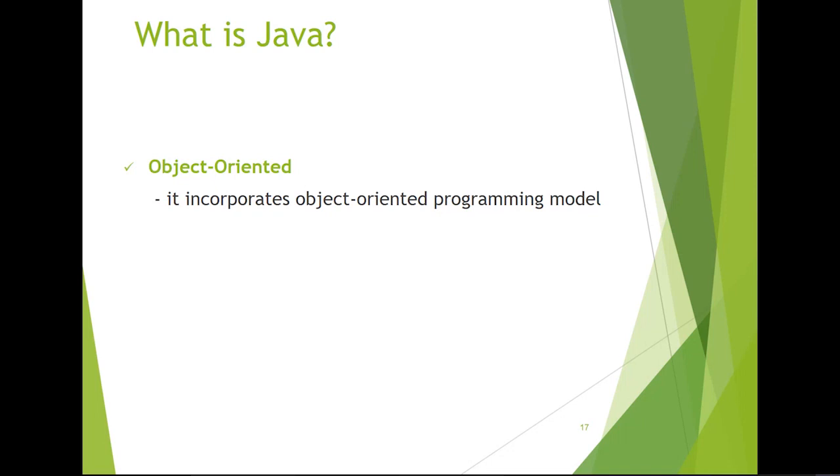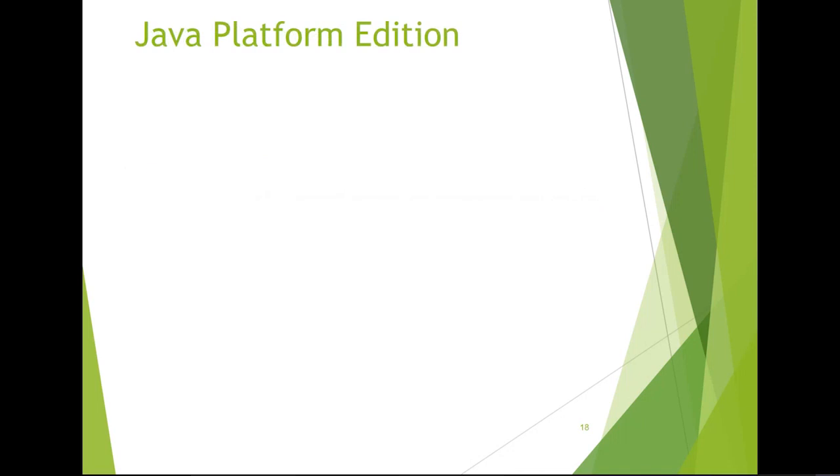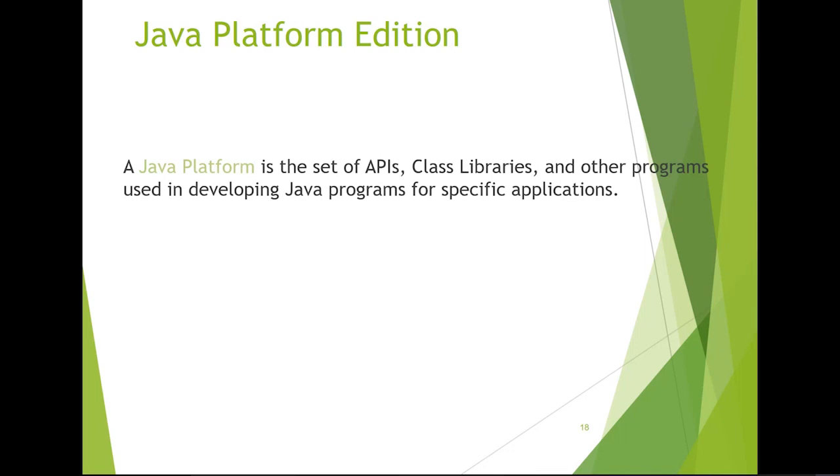Okay, so moving on. We have here the different platforms for Java. Actually, a Java platform is a set of APIs, class libraries, and other programs used in developing Java programs and specific applications. Okay, so Java Platform Edition.